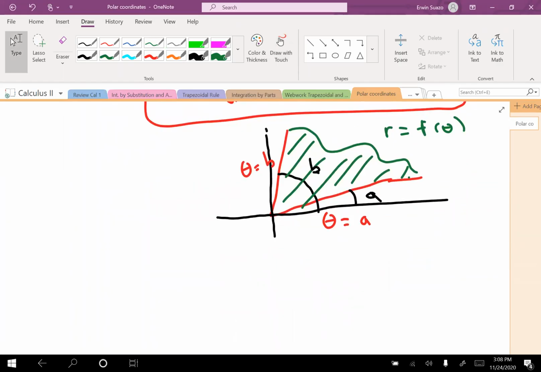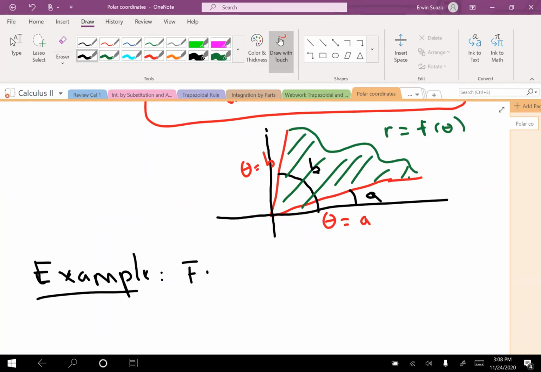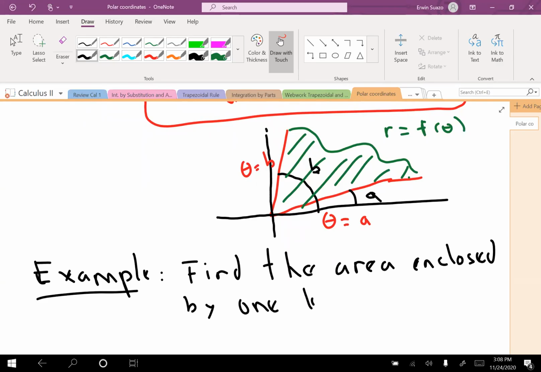Okay, so let's find, so example, find the area enclosed by one of the loops, by one loop of the four leaf rose.